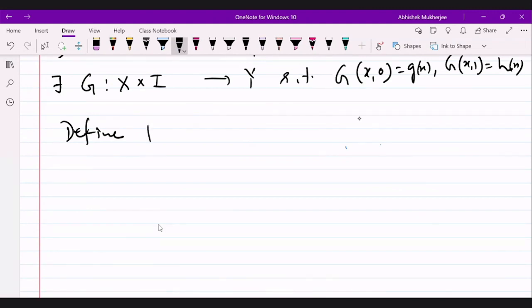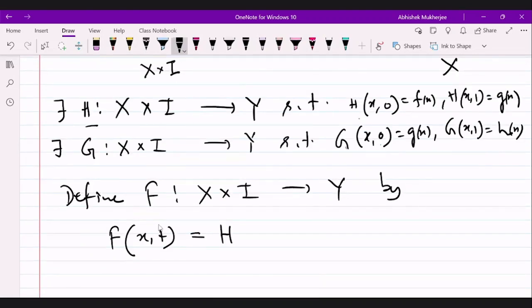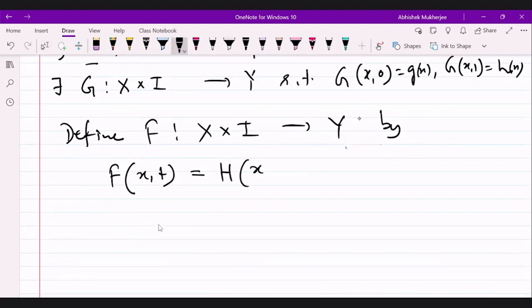So define some map F from this to Y by this rule: F of x, t must be H of x, 2t for the first part, that is from the 0th level to the half level.